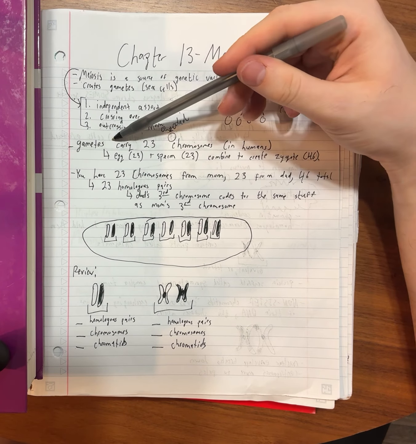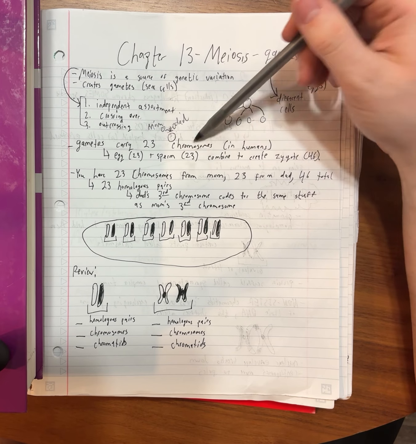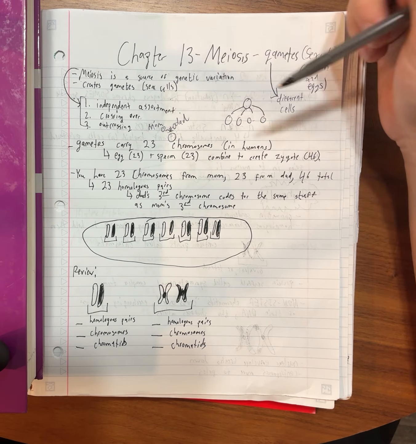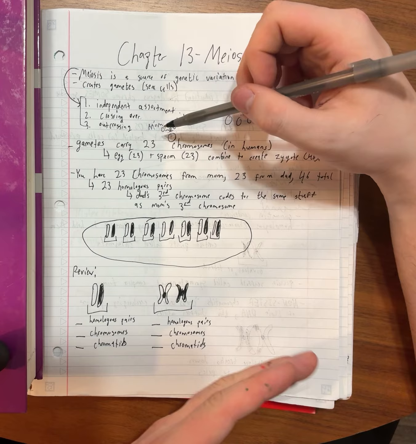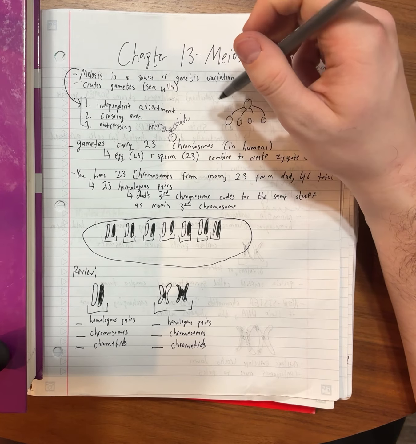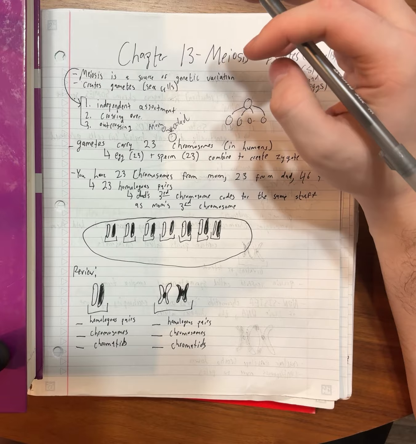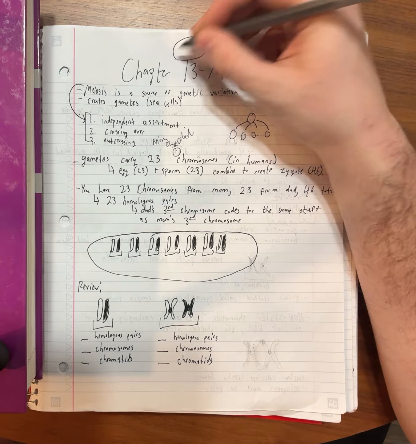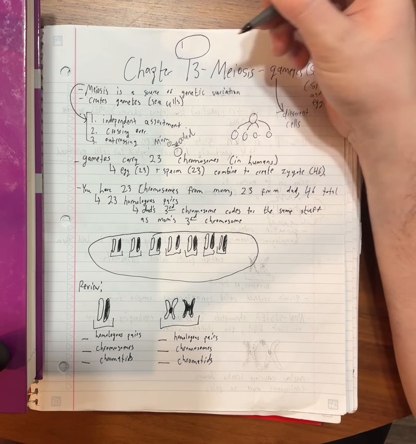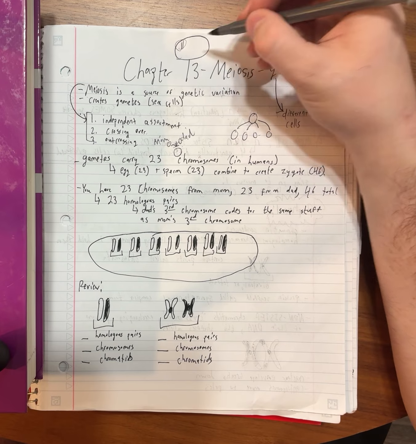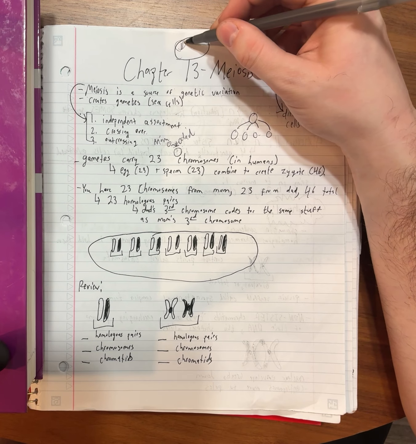So gametes carry 23 chromosomes, and you may remember that somatic cells, which are the ones that we cover with mitosis, have 46 chromosomes. And you may remember in the mitosis video, I was saying that you get sets. You have a chromosome from your mom, and you have a chromosome from your dad for the same genes. And this is a homologous pair.